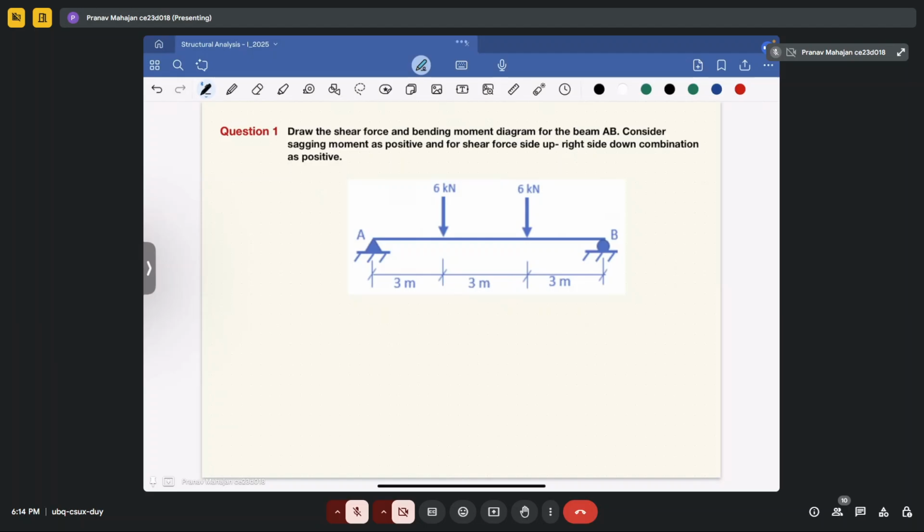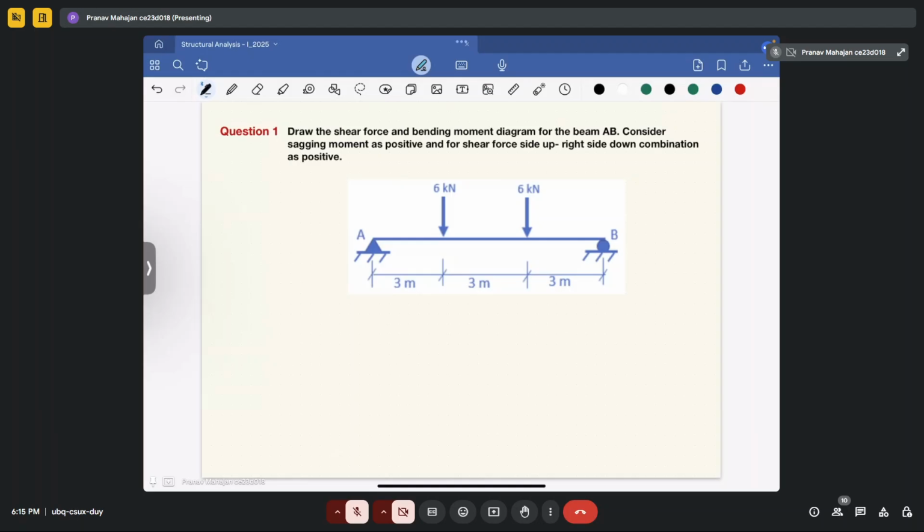Okay. So in this question, what is described to you? You are made to draw the shear force as well as the bending moment diagram for the beam AB, in which you have to consider the sagging moment to be positive and the shear force with the upward-right and downward combination as positive.